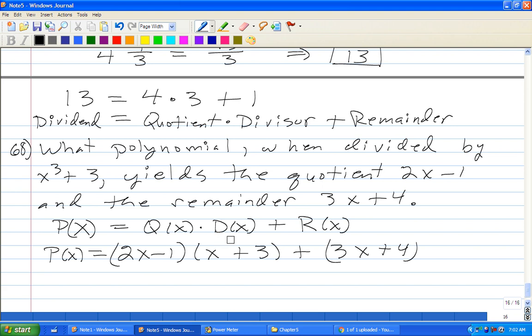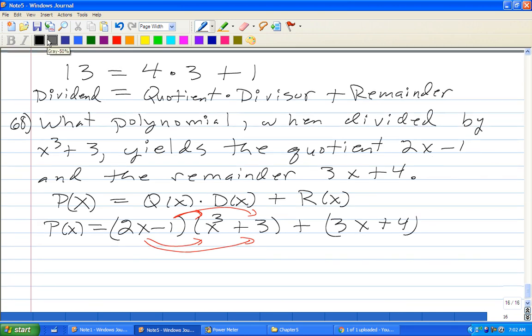Okay, so let's do this. Let's multiply. And so I get 2x to the fourth plus 6x minus x cubed minus 3 plus 3x plus 4.